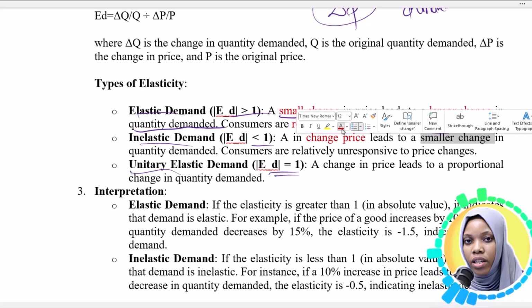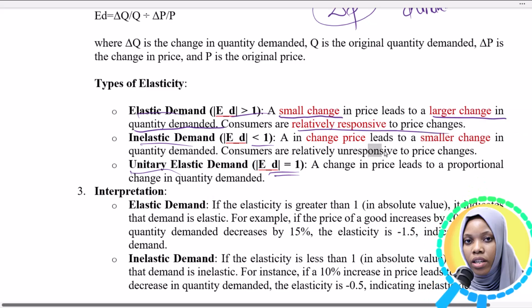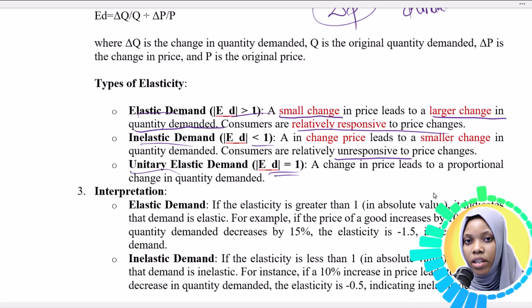The change in quantity demanded is smaller, so consumers are unresponsive. Yes, consumers are unresponsive. And then in unitary, a price change leads to a proportional change in quantity demanded.